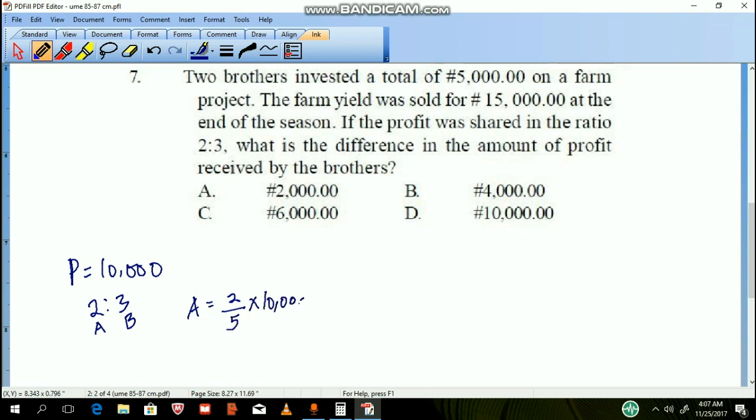They shared 10,000 naira. So 5 in here is 1, 5 in here is going to be 2,000. So 2,000 times 2 would be 4,000. So it means that this guy shared 4,000. That implies that the other guy is going to have 6,000. So 6,000 minus 4,000 would be 2,000 naira. That would be the difference, which is option A.